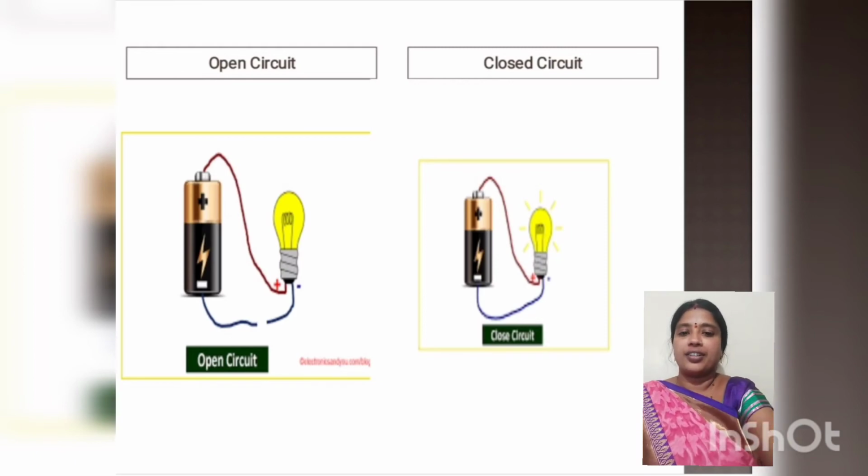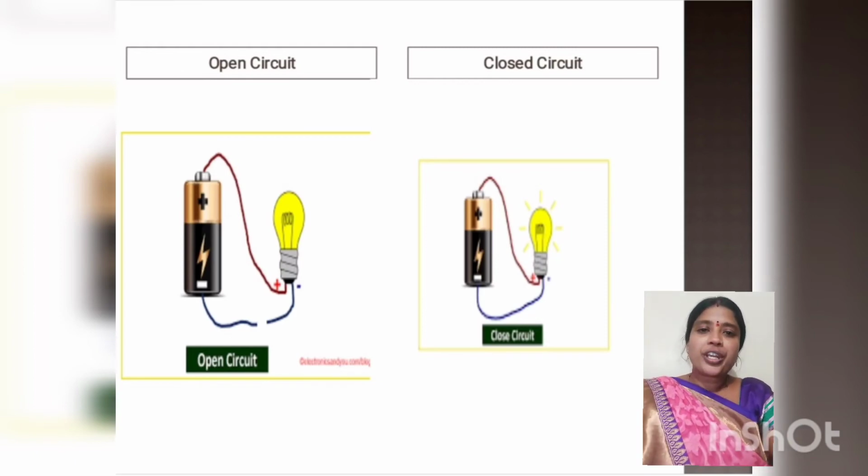Now these two images can help you to understand more about open circuit and closed circuit. The image on the left hand side is an open circuit because there is a path which is broken, the wire is broken. The blue colored wire you can see is broken. So will there be the flow of current? No, there will be no flow of current.